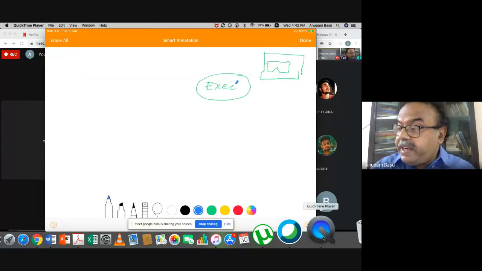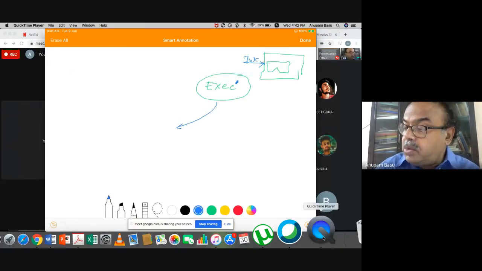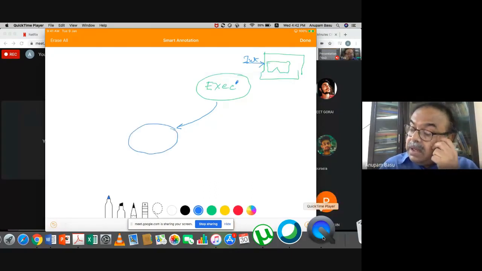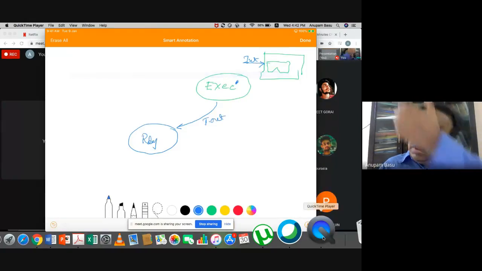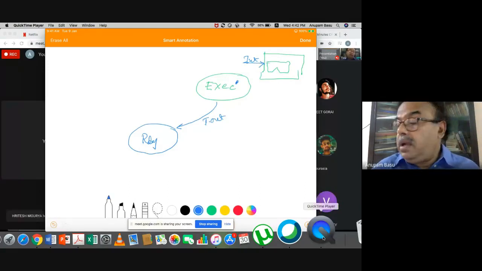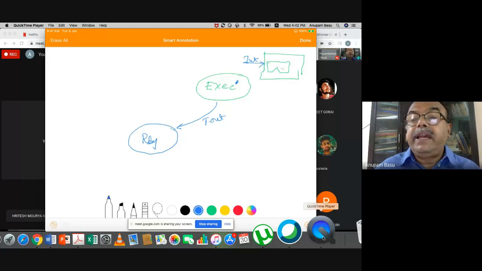Now there has been an interrupt. Interrupt is a signal that has come to the CPU and that has pushed it back to some state, whatever state it is. Say it's a timeout interrupt, so it has come back to the ready state. Now that means what?